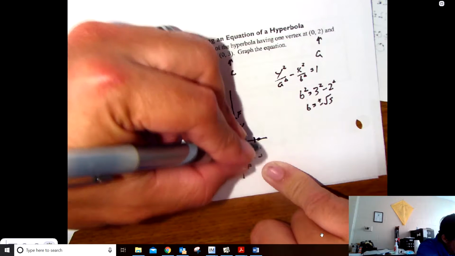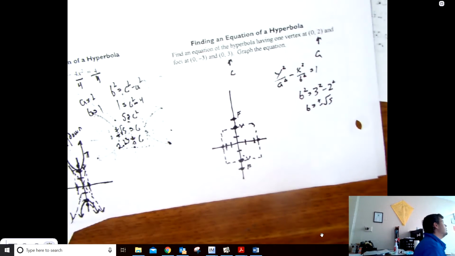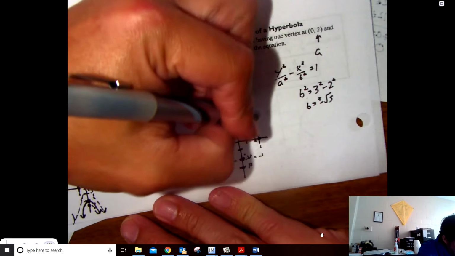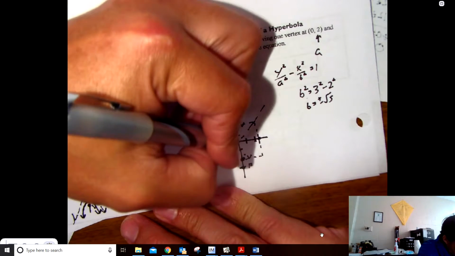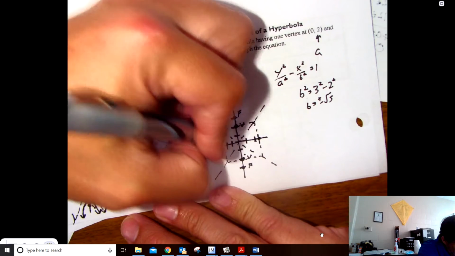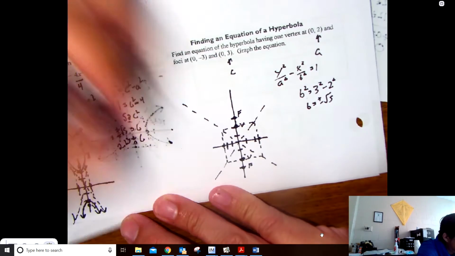So we box out. Does everybody understand the box out? Drawing a box that encompasses the two vertices and the b value. That's all it is. What passes through those boxes? Slant asymptotes. They are the diagonals of the box. They constrain the parabola.